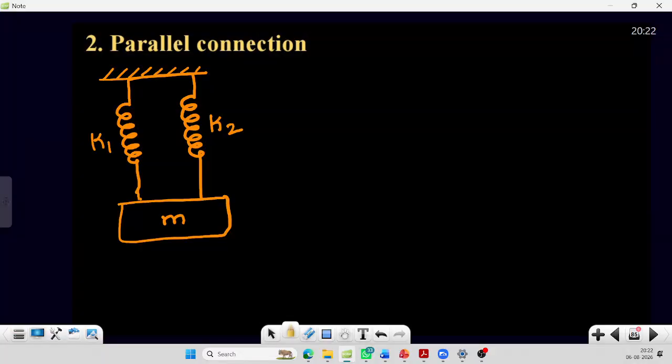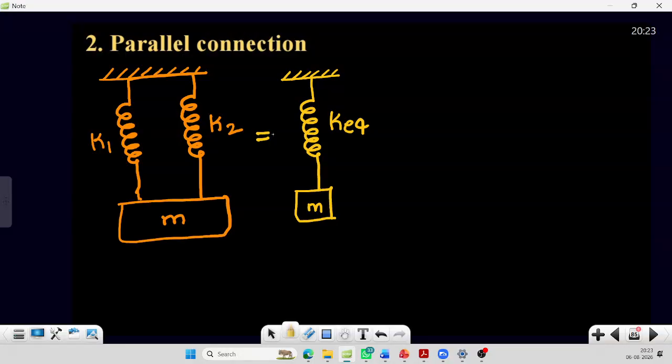Now the whole combination we can replace with a single equivalent spring, with the same block placed here. This is K equivalent, identical to this combination.